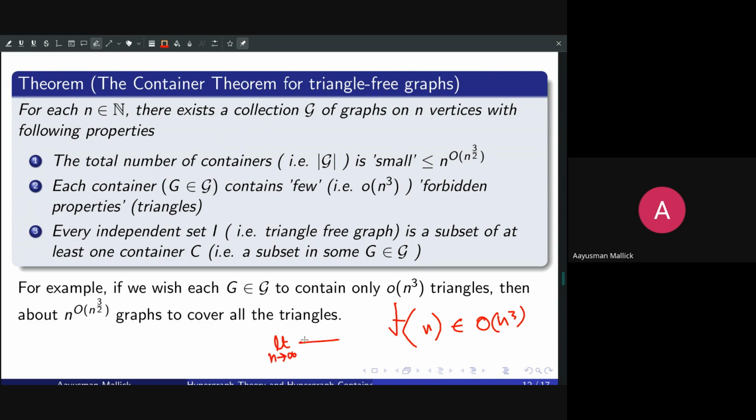the limit as n tends to infinity of f(n) by n cubed is 0, or more generally, if f(n) is said to be small o of g(n), then the limit as n tends to infinity of f(n) by g(n) is 0.